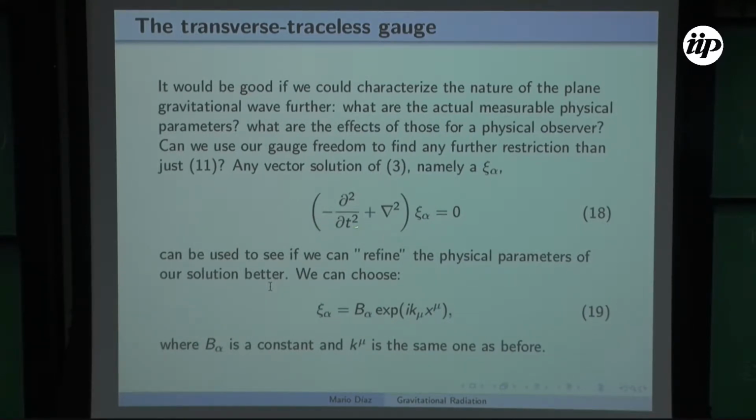And so another vector, zeta alpha, is going to obey the equation. And essentially, we can play with the parameters to see if somehow we find a more suitable coordinate system where we can understand what's going on. And we're going to choose it this way, where B alpha is a constant and K mu is the same as it was before.